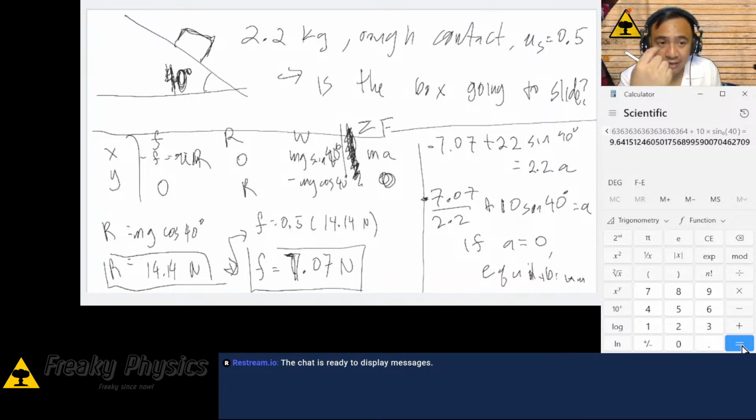Once it goes from static friction into kinetic friction, it's gonna keep sliding. Is it gonna keep accelerating? It depends on the coefficient of kinetic friction. But in general, because it's smaller, yes, it's gonna keep sliding and keep getting faster, which is true if you actually try to slide something down any kind of ramp, right?